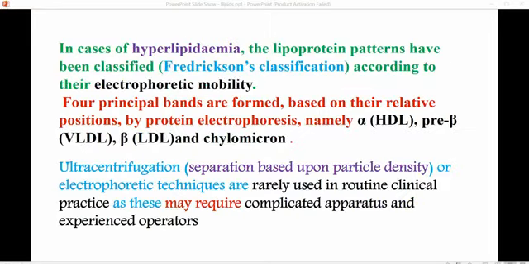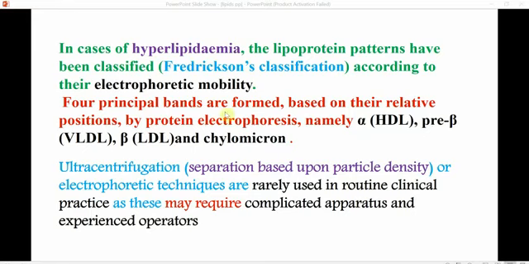In cases of hyperlipidemia, the lipoprotein pattern has been classified according to the Fredrickson classification based on the electrophoretic mobility, which is the type of classification identified by the WHO to study the dyslipidemia.